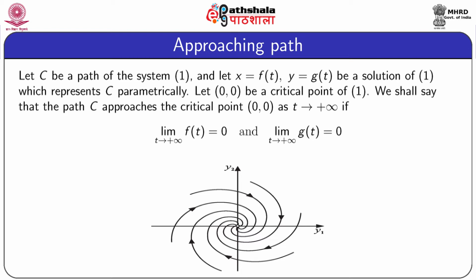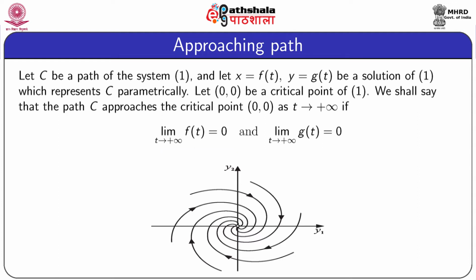Then if we say that the path C approaches the critical point (0,0) as t tends to plus infinity, then mathematically it means limit t tends to plus infinity f(t) = 0 and limit t tends to plus infinity g(t) = 0.